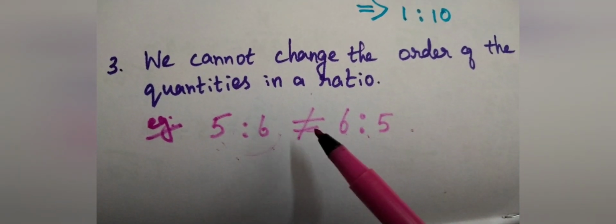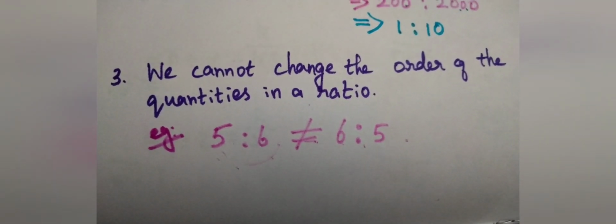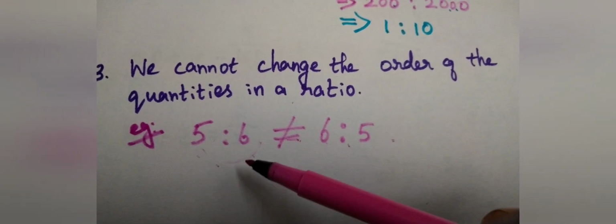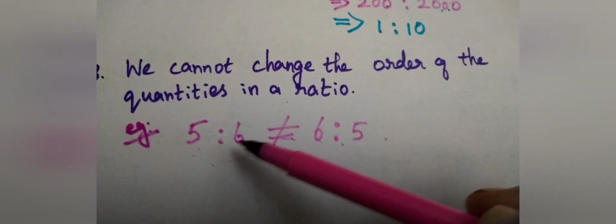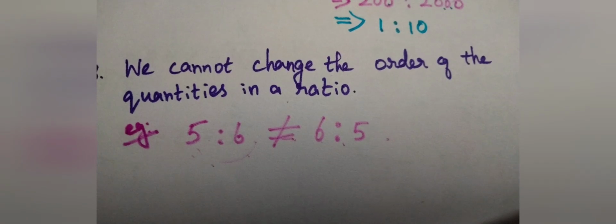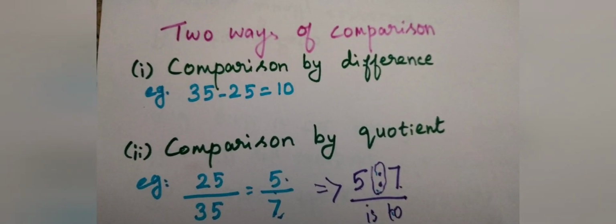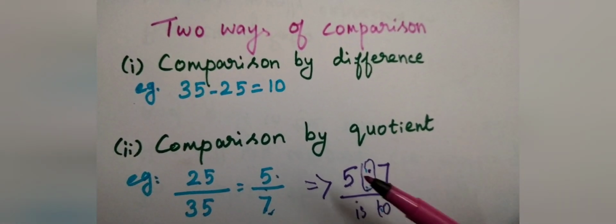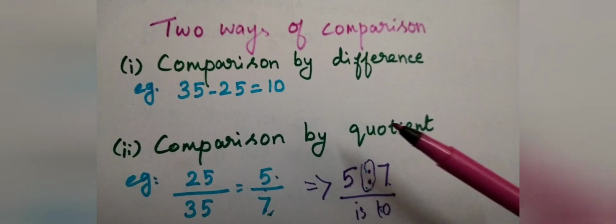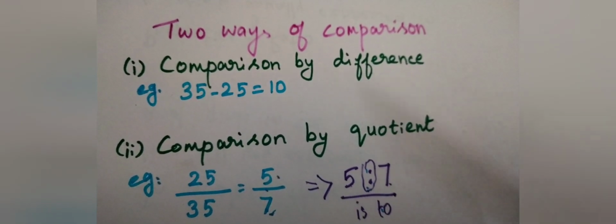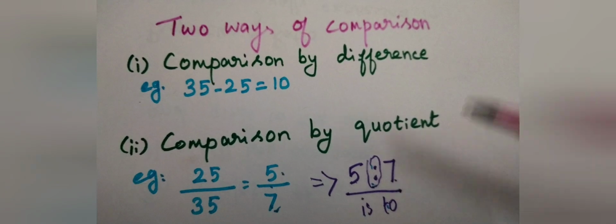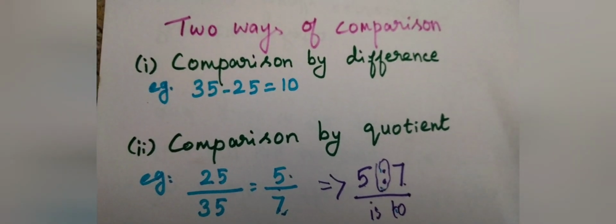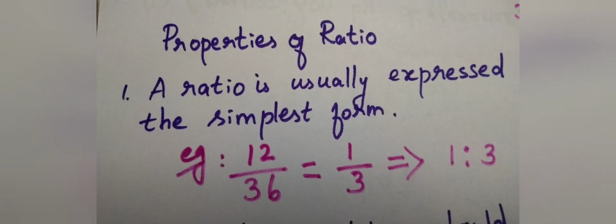So this is not correct. That means we cannot change the order of the quantities in a ratio. I hope you have understood what is a ratio, and it's a mere comparison of two quantities by quotient method, that is by division method. And we have seen the properties of the ratio also.